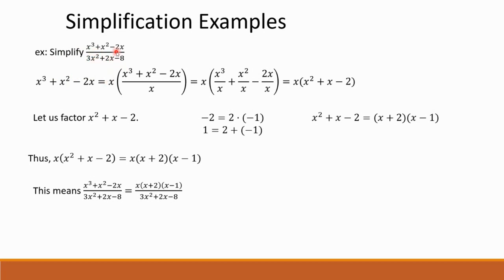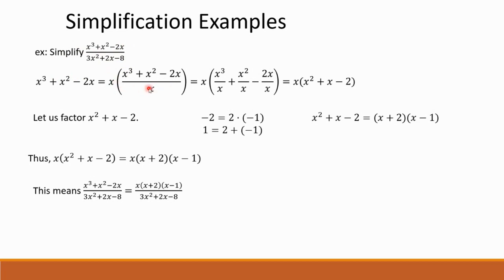And so right away, you can see that x is a factor, because it's in every term. And in fact, the smallest exponent of x is 1. So x we can factor out, and that's what we're doing here. You put it in front.